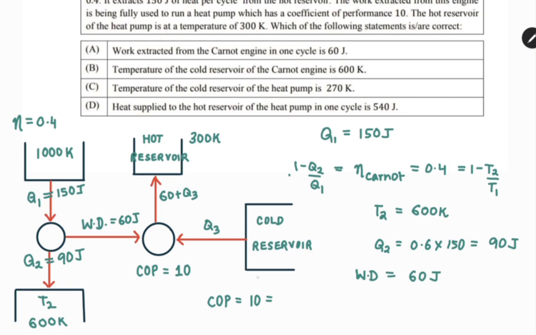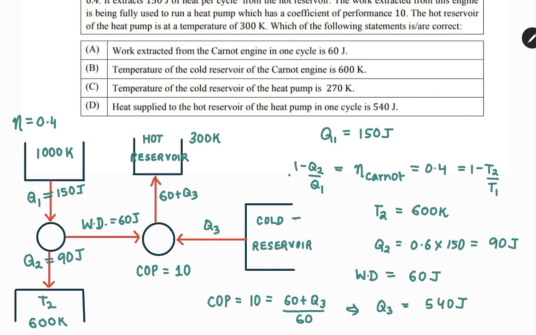So we can say the coefficient of performance is equal to 60 plus Q3 divided by 60, where 60 is the work done. Solving this, we obtain Q3, which is the heat energy removed successfully from the cold reservoir. So Q3 is equal to 600 minus 60, that is 540 joule. And now we solve for the last part, that is the temperature of the cold reservoir.